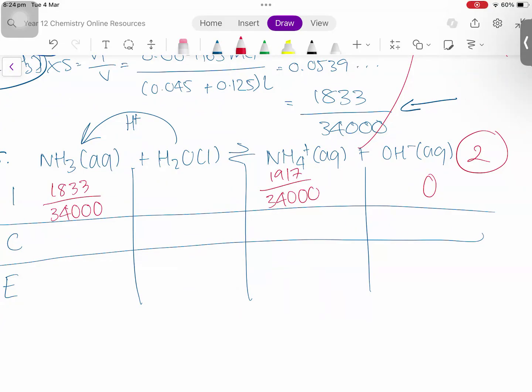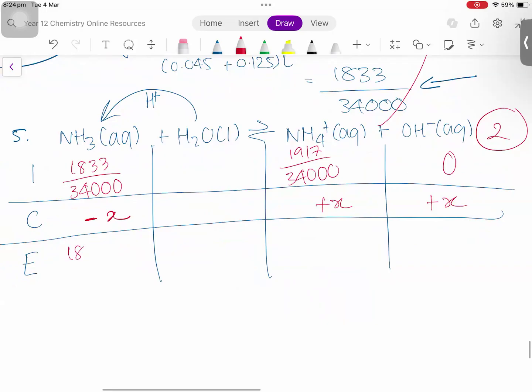Even though I've got one thing that's not 0, I've still got one thing that is 0. The equilibrium still needs to make it. So shifting to the right means that it's plus x plus x, and minus x for the left. You've got 1833 on 3400 minus x. You've got 1917 divided by 34,000 plus x, and the hydroxide is just an x.